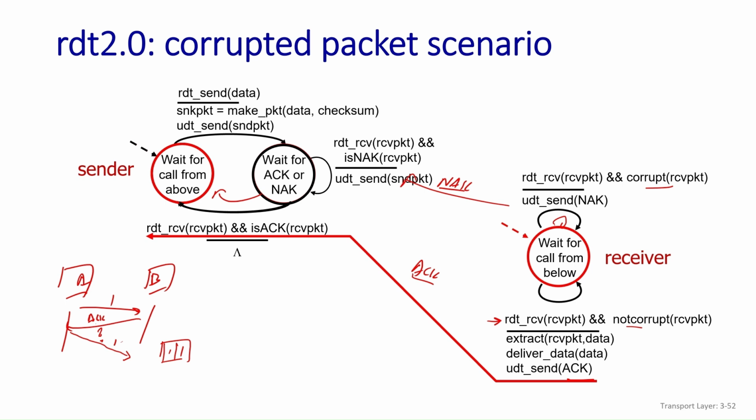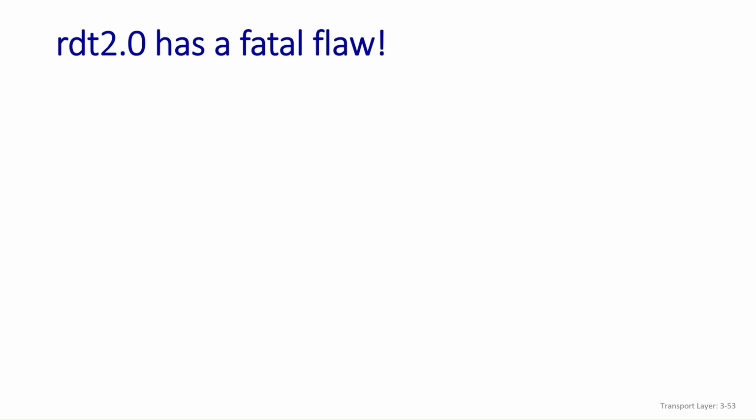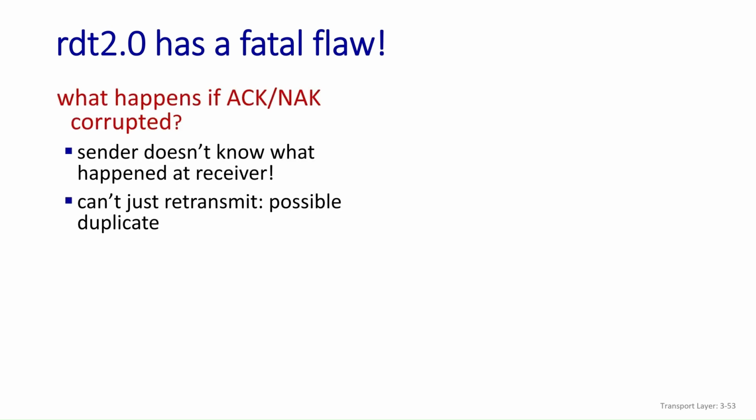And A ends up sending the same packet, packet number one, for which we are waiting for acknowledgement or negative acknowledgement, and this will result in the processing of a duplicate packet at machine B. So these are the flaws that we need to understand first, and then we need to find a solution by changing reliable data transfer protocol 2.0.